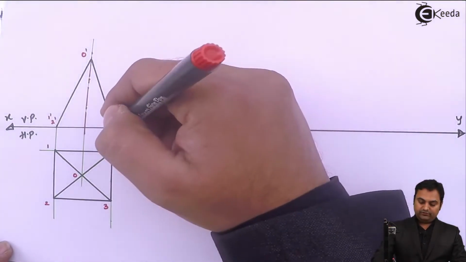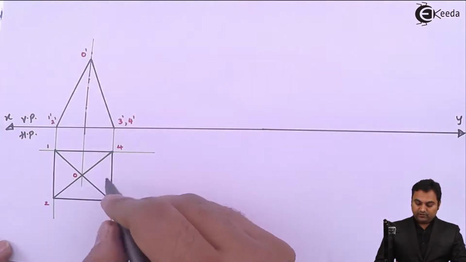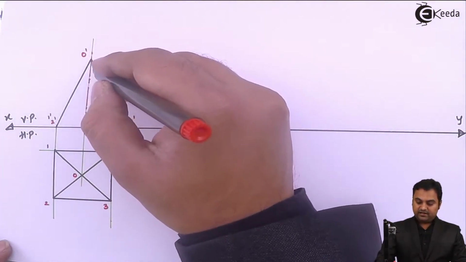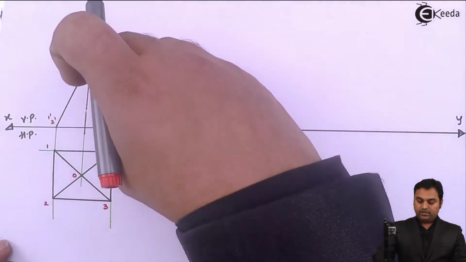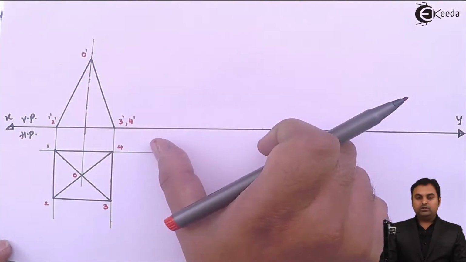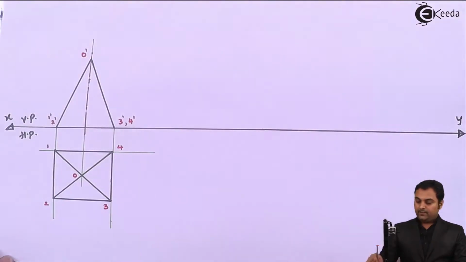And if I look into the front view, the triangular face appears as an inclined line which is the slant edge O dash 3 dash 4 dash. Now this will be made parallel to the XY line.